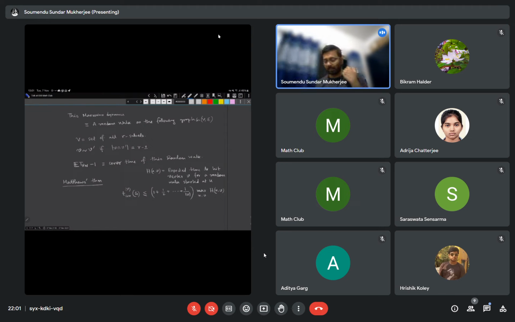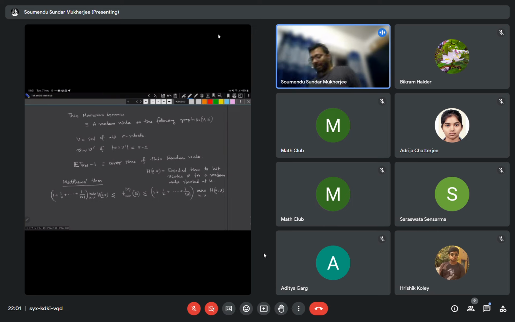This is the hitting time of V for the random walk started at u. Okay, and you have a lower bound which is in terms of the minimum hitting time.